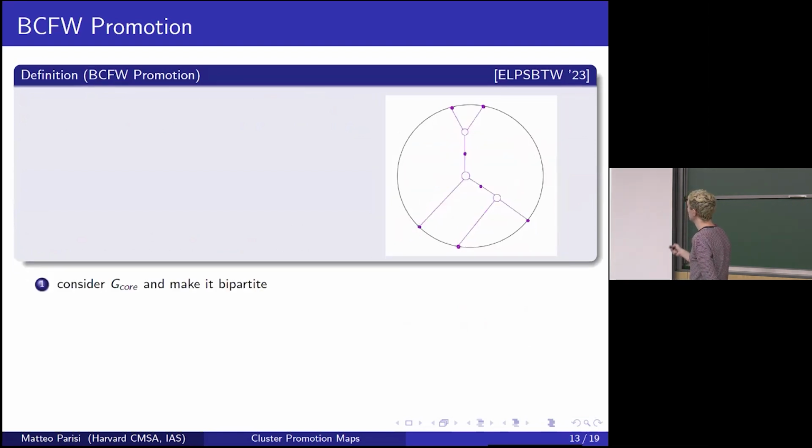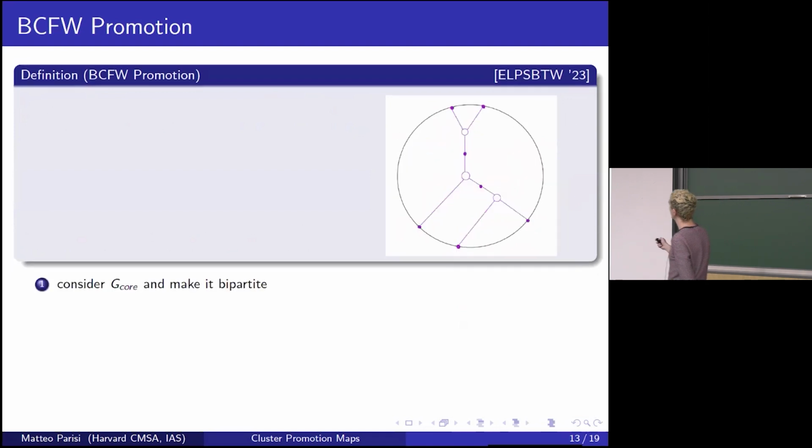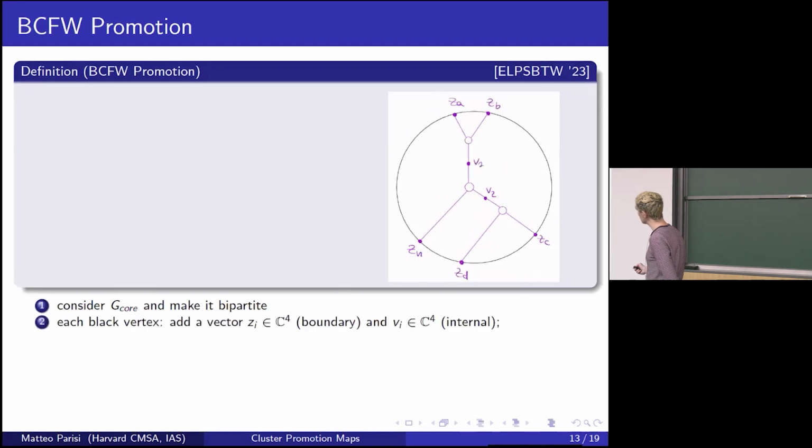So we start from the plabic graph that generated the BCFW cell, and look at the core, what we call the core. And we also made it bipartite, adding some extra black vertices. What we want to do is, for each black vertex, add a vector in C^4. We call them Z if they are outside, and we call them V if they are internal in the graph.